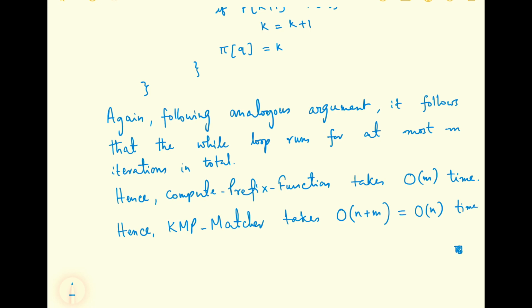Now m is less than or equal to n, because if m is more than n, then you know that this pattern cannot be present, and hence you simply output no. So because m is less than or equal to n, order n plus m can also be written as order n.